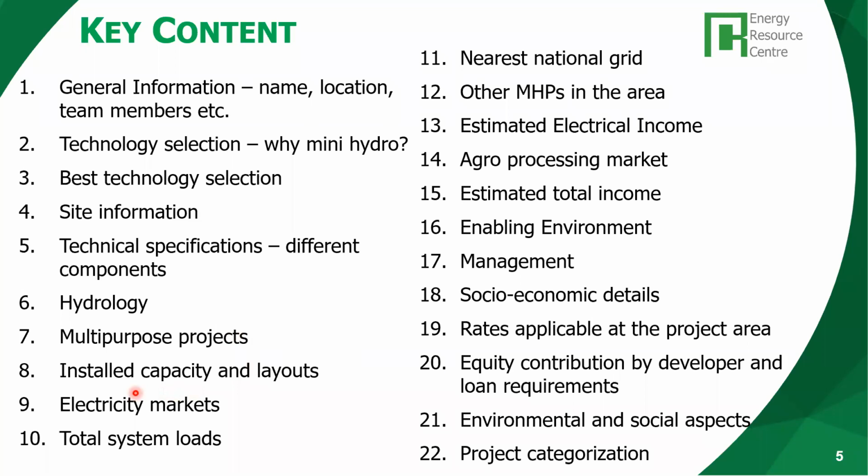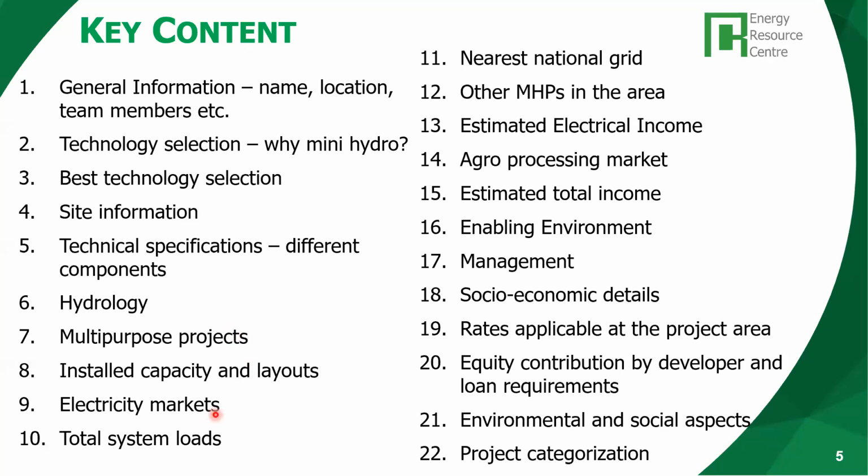Then you look at what is the installed capacity, what is the optimum capacity, what is the layout. So you provide the drawings of the layouts, and where the key structures are sited. Is it on private land or public land or other types of land?